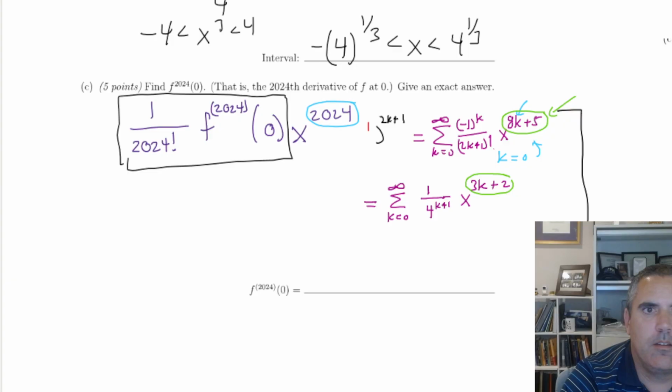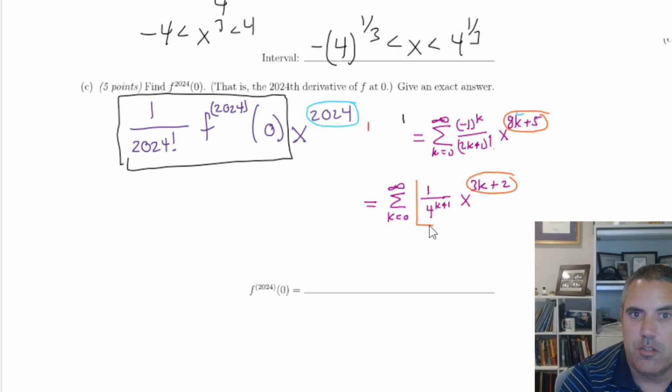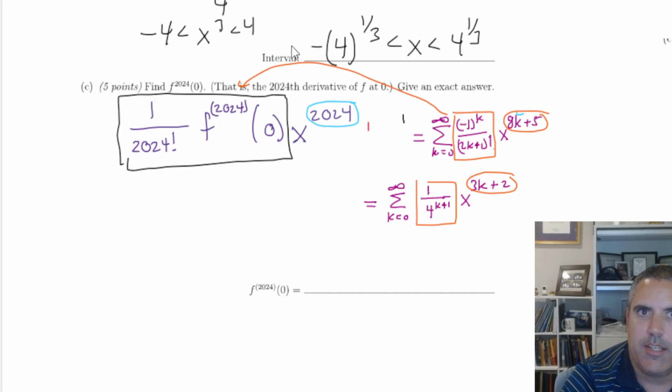And say, all right, is it possible for either this exponent or the other to have 2024 here? And if I can figure that out, then I can figure out the number in front of it. And the number in front of it has to match up with our other technique.